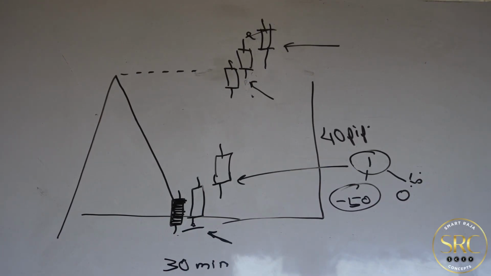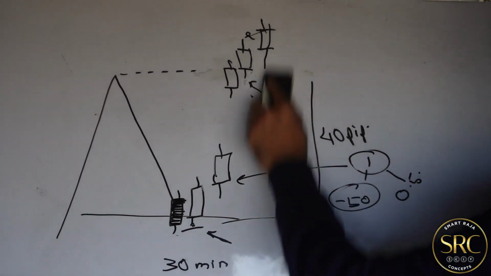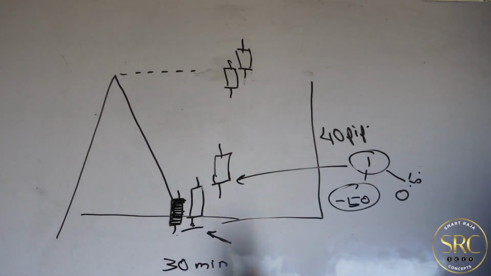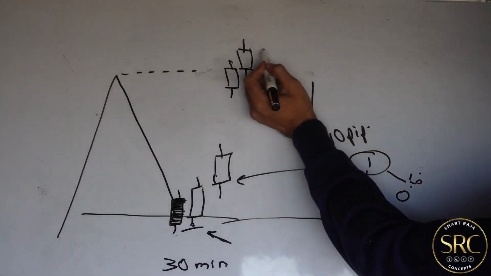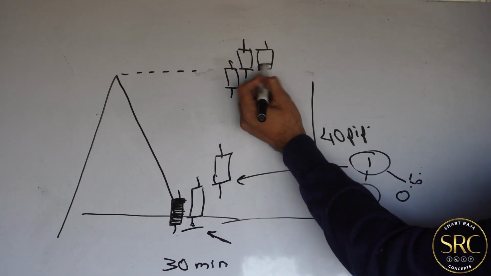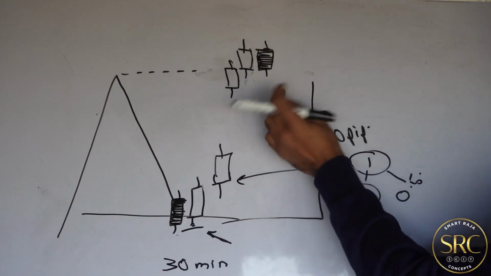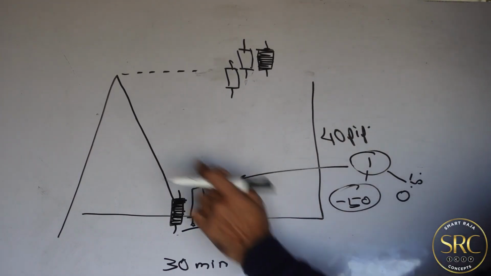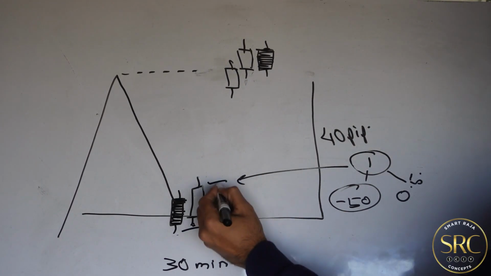Now, there's a question that may be coming up: what if a 15-minute candle closes bearish, and we close 50%, and obviously this first 15-minute candle is half of the 30-minute candle, right?